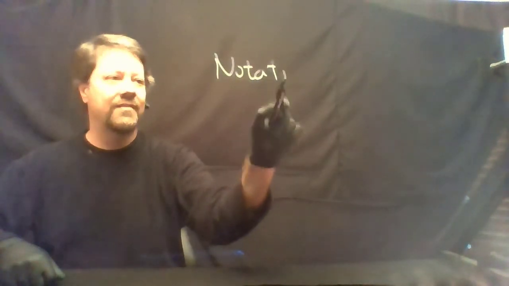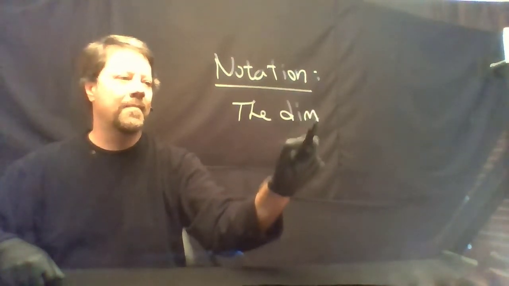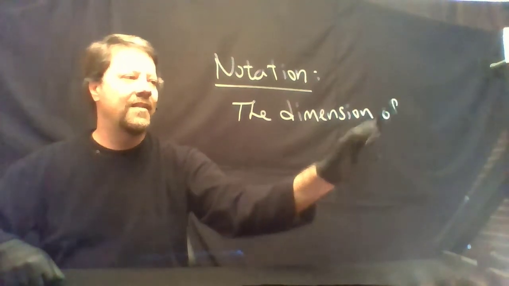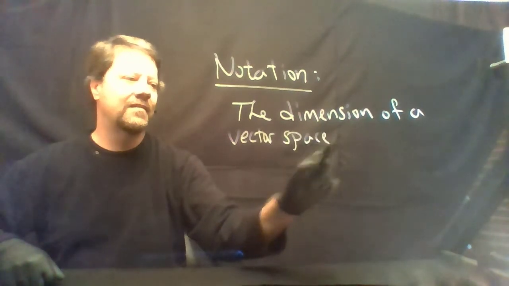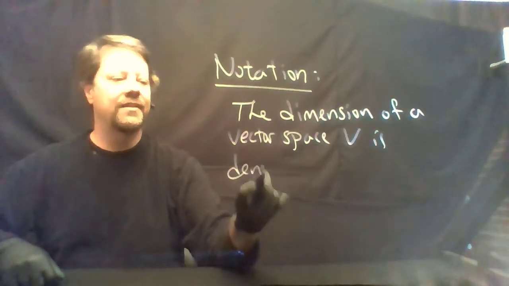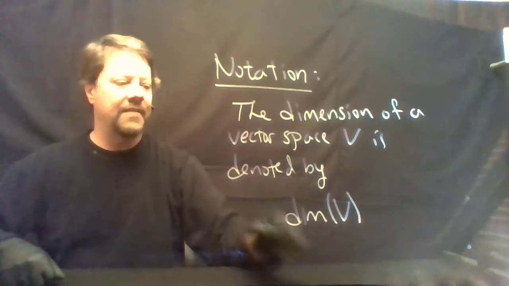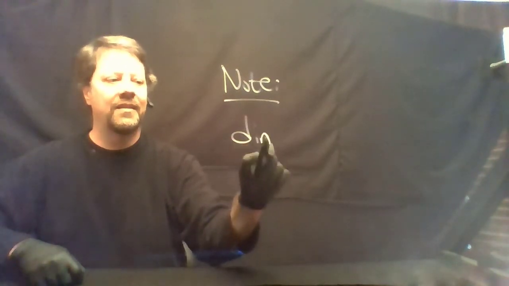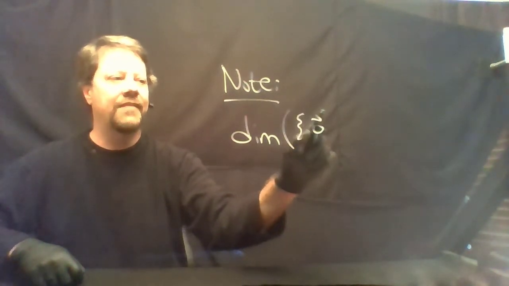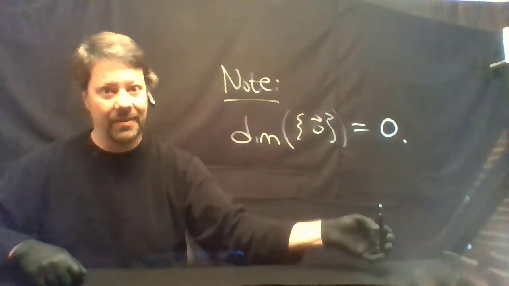We have some notation. The dimension of a vector space V is denoted by dim of V. Also, note, if a vector space consists only of the zero vector, by convention, its dimension is 0.